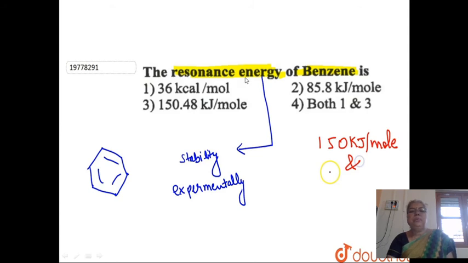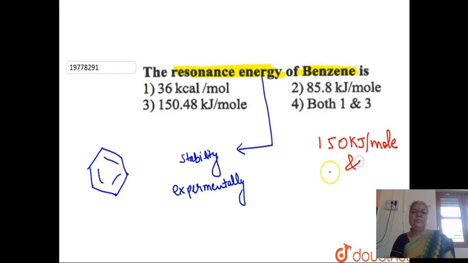And here, due to the three single bonds and three double bonds, the resonance energy of benzene is found to be 150 kilojoule per mole, and it is the difference between the calculated value for the benzene structure, which is 5384.1, and the experimental value, which is 5035.1.